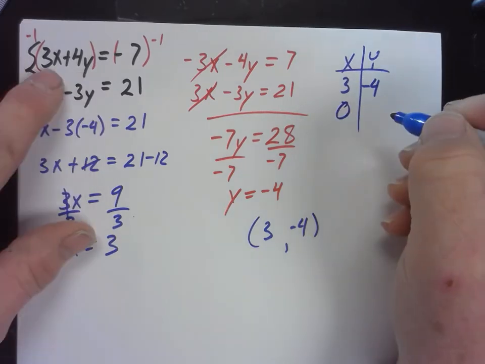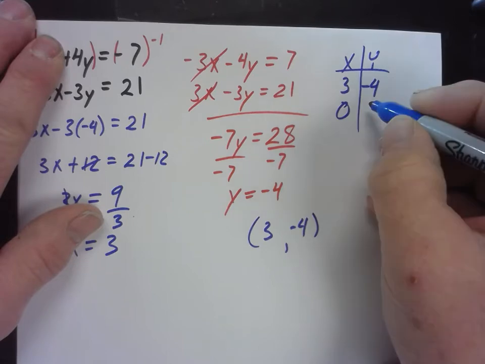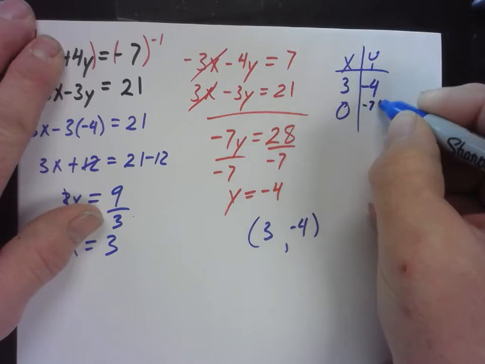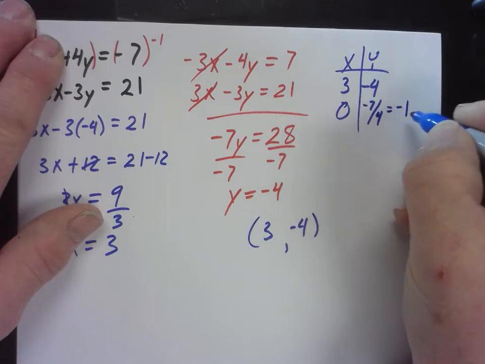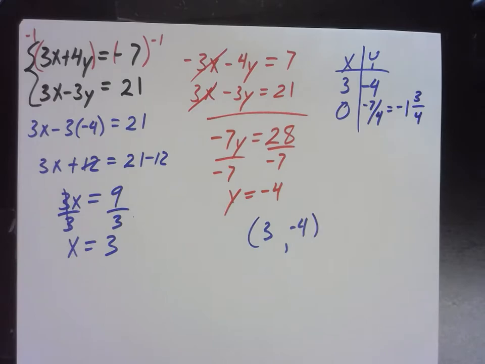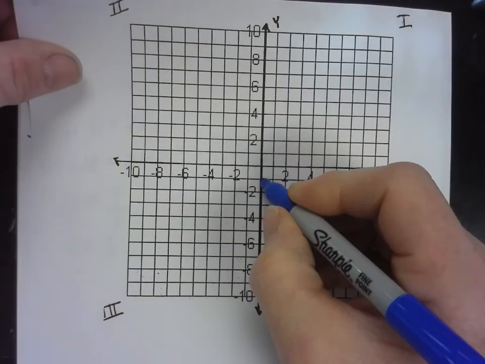Ooh, that's not pretty. 4y equals -7. Y would equal -7 over 4, which is -1 3/4. Ooh, can we graph that? So 0, -1 3/4. I'd say it's about right there.